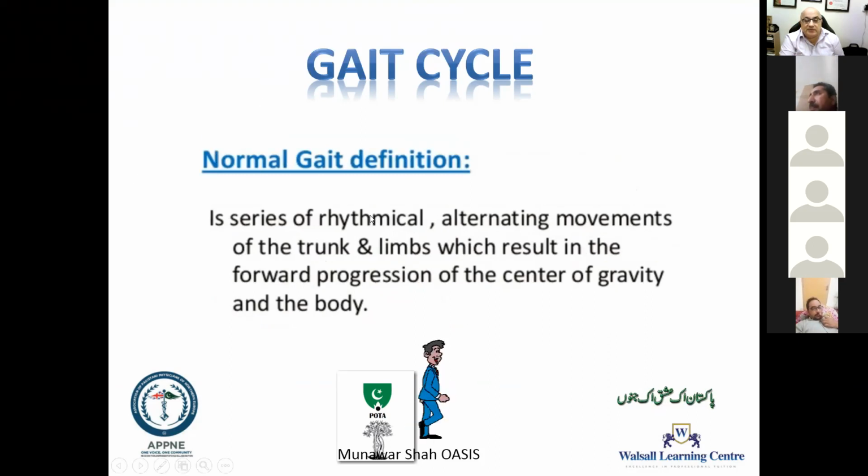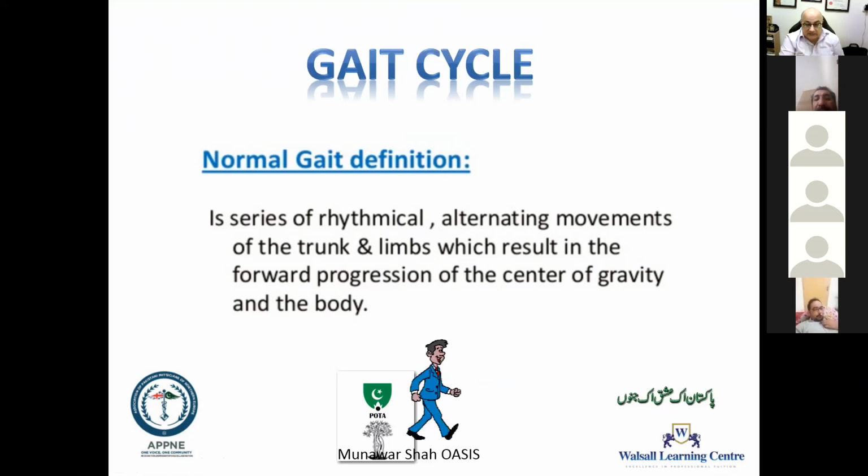There are a lot of words here. This is a book definition: rhythmical alternating movements of the trunk and limbs which result in forward progression of the center of gravity of the body. So basically, you are using your trunk and your limbs to move and progress from one place to the other. If somebody asks you the definition of gait in the exam, what would you say?